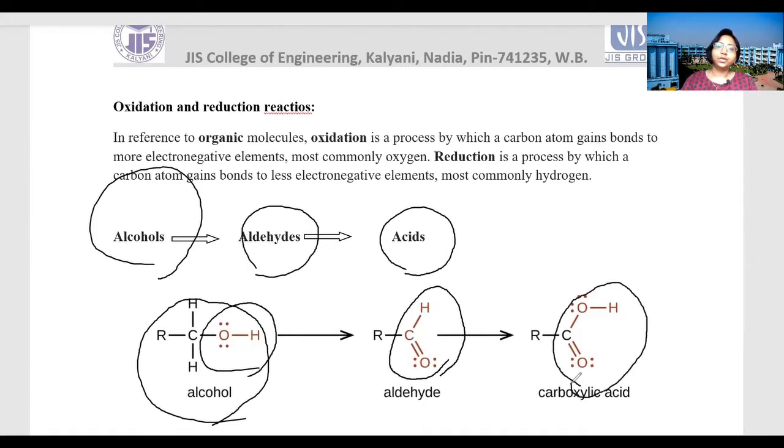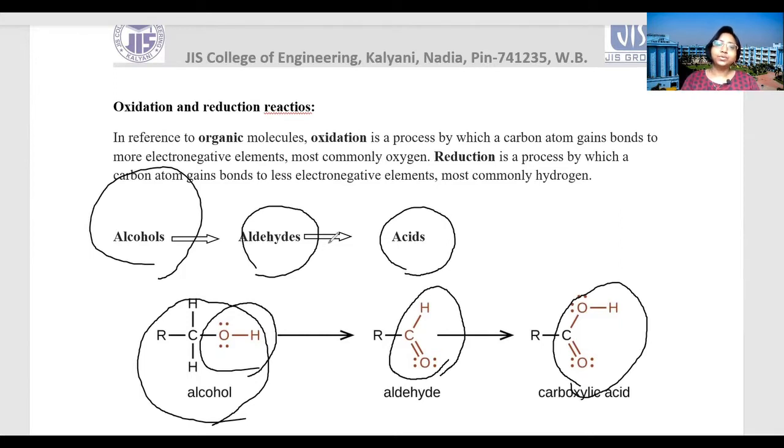If we want to convert by the oxidation process, from alcohol to aldehyde to acid, some oxidizing reagent will be required. There are different types of oxidizing reagents: weak oxidizing reagents or strong oxidizing reagents.